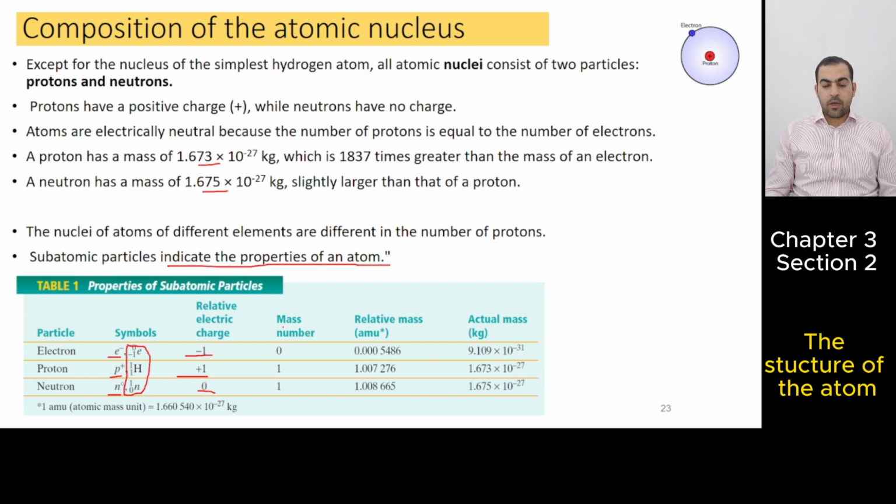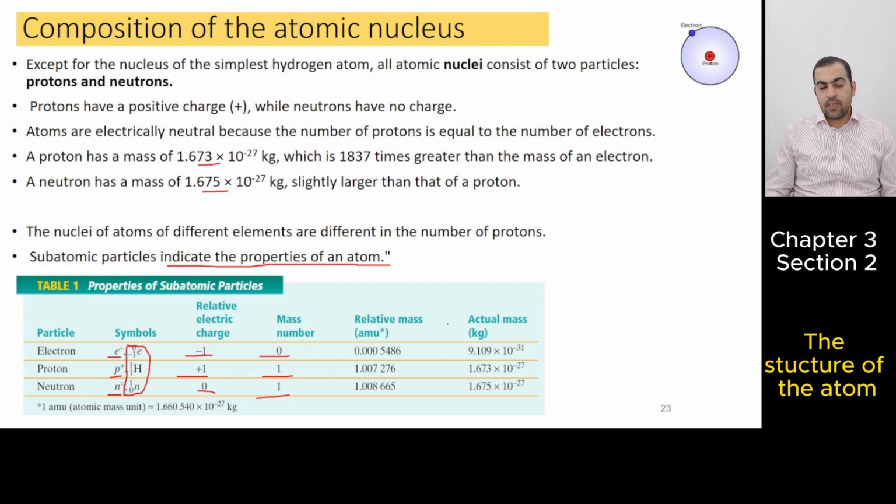Mass number, we will talk about mass number. Why is the electron 0? We don't count the mass of the electron when we measure the mass of the atom, because it's very, very small. Proton is 1, its mass number; neutron is 1.